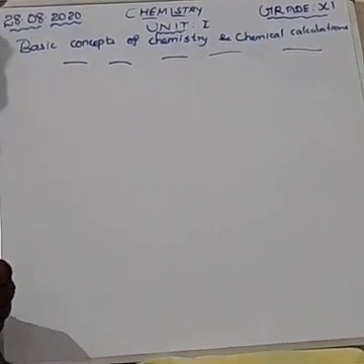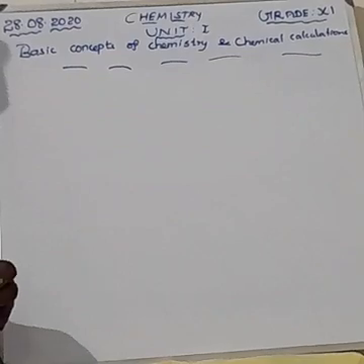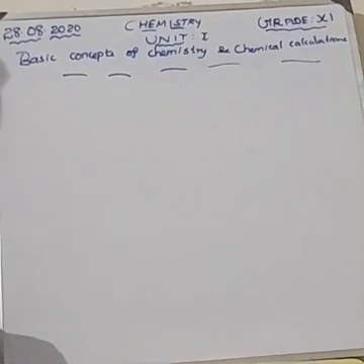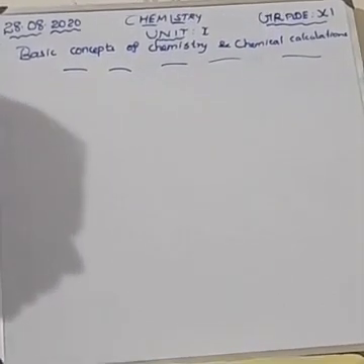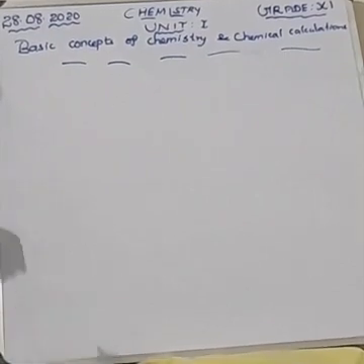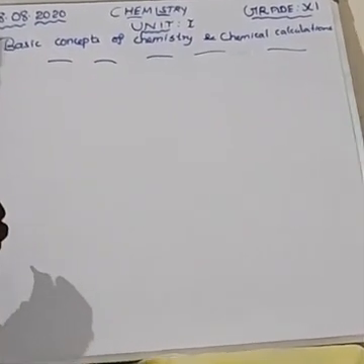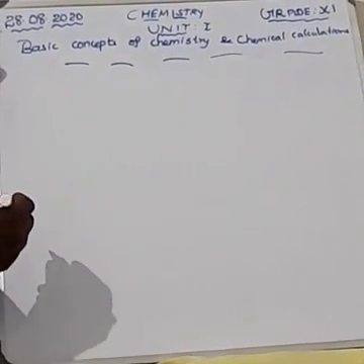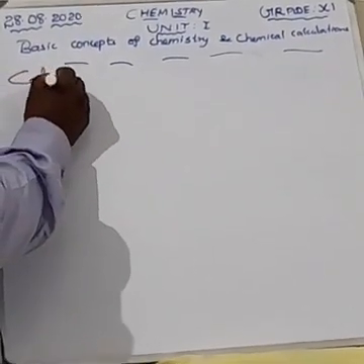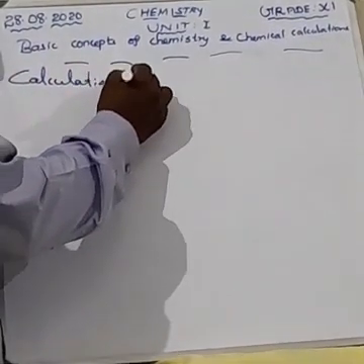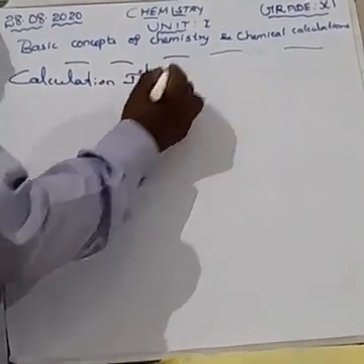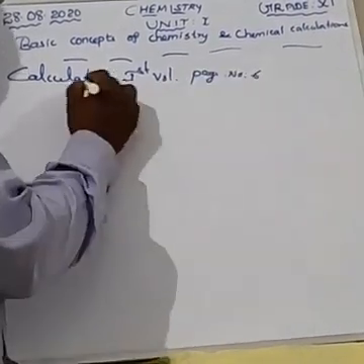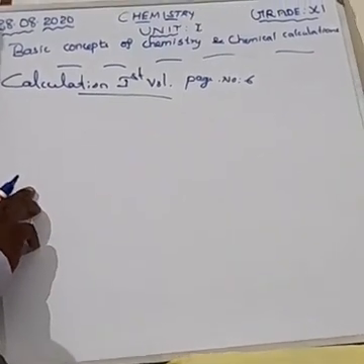My dear children, please take the first volume chemistry textbook, page number 6. Page number 6, top of the page: calculation of number of entities in 1 mole of the substance. Having one calculation, that's the important question.